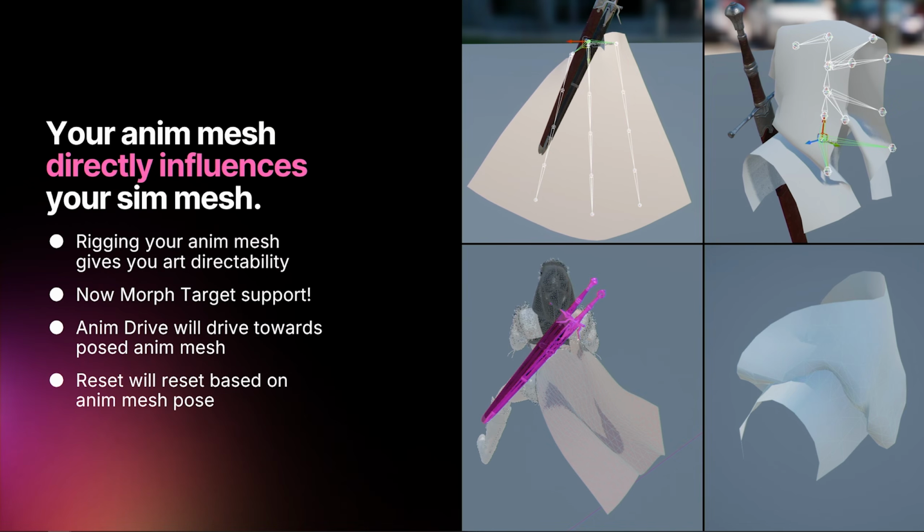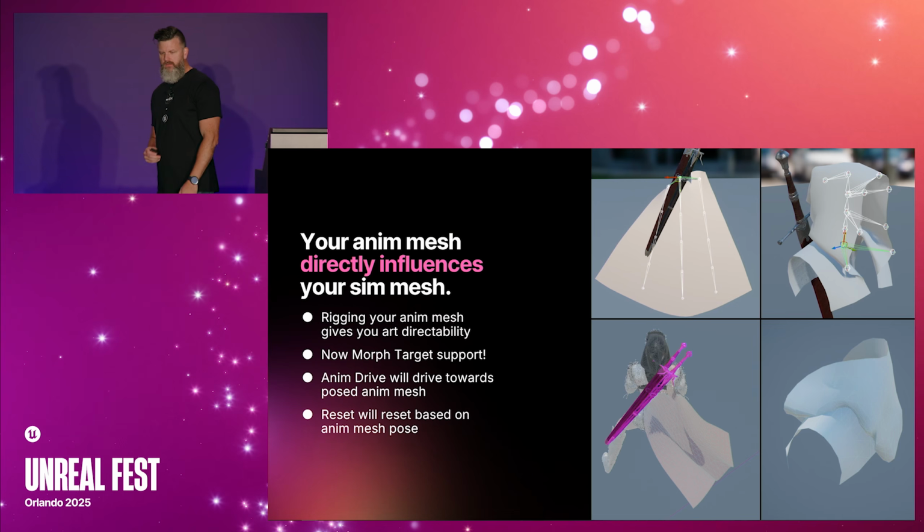Now I trigger a morph target in the animated pose just to clean up the edges, and it really helps the cloth behave a lot nicer. We could have done that for the horse as well. You could even have a nice simulated pose on the back of the horse and then use that.